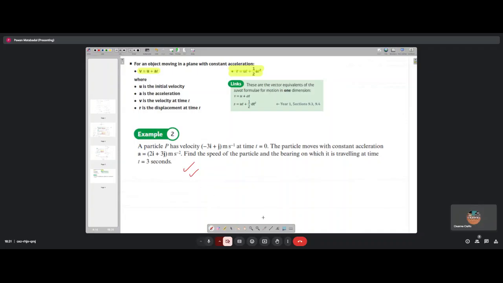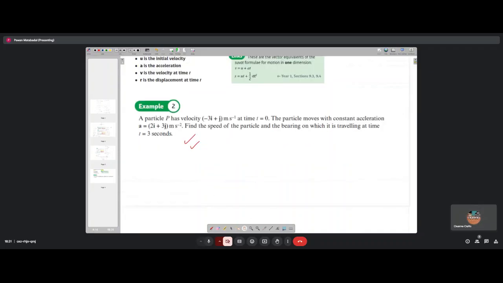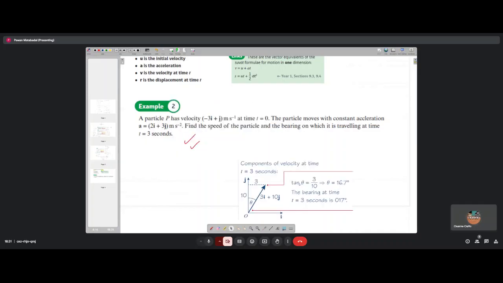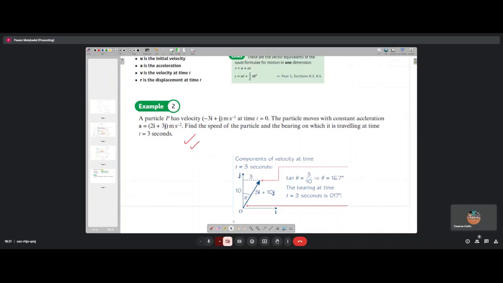Not 12.9. So I've actually done quite a nice diagram for this. I'll just show you. So one thing that would definitely help is draw out how 3i plus 10j looks. And remember what the rules for bearings are, right? You always have to measure them from north, and then always measure them in a clockwise direction.